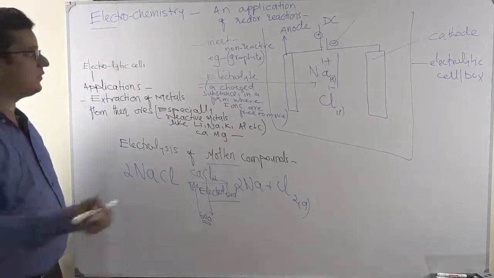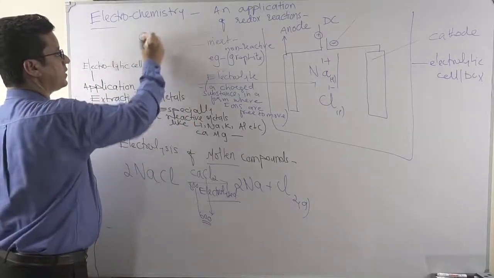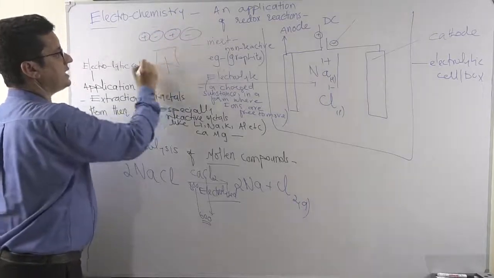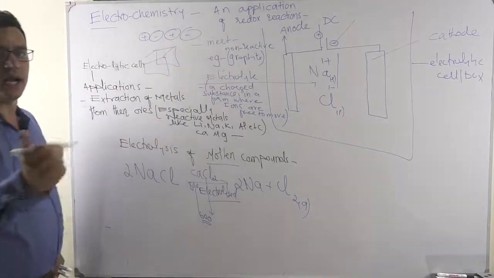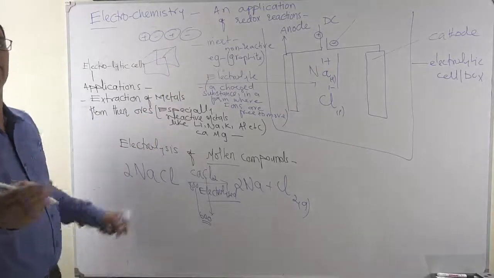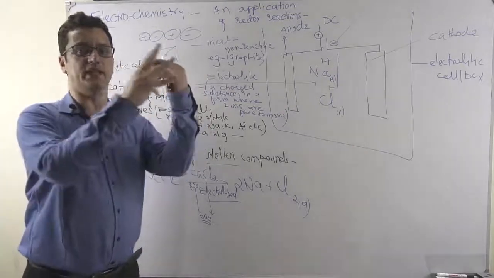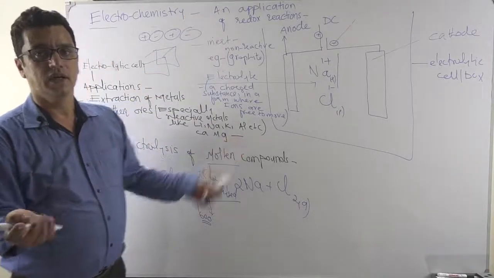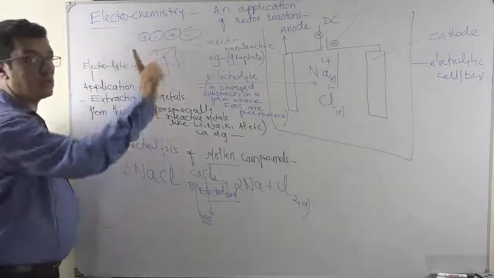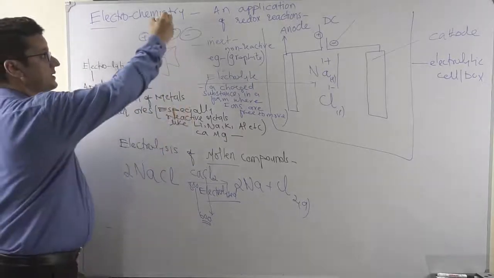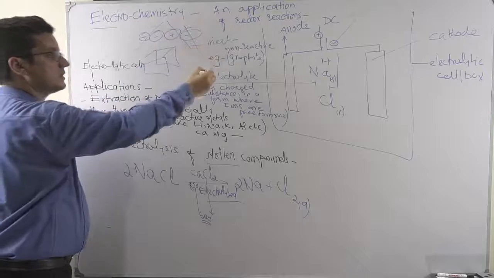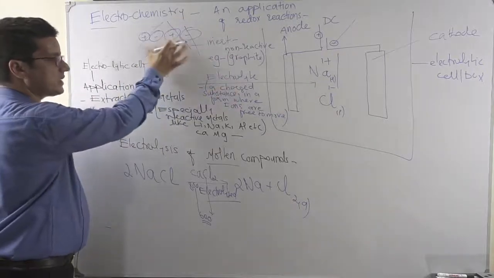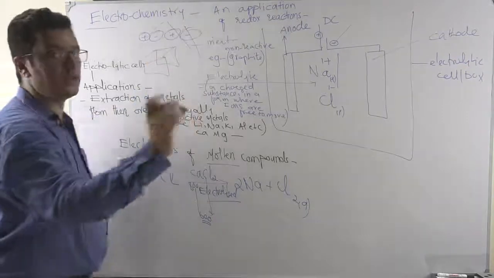If it is solid form, for example sodium ion and chloride ion, they are packed in a 3D giant lattice. When positive and negative ions of an ionic compound are packed in a 3D giant lattice, a crystalline shape, with a high melting point, it will not act as an electrolyte. But when it is melted, molten, and a high voltage current passes through it, the ions are free to move.